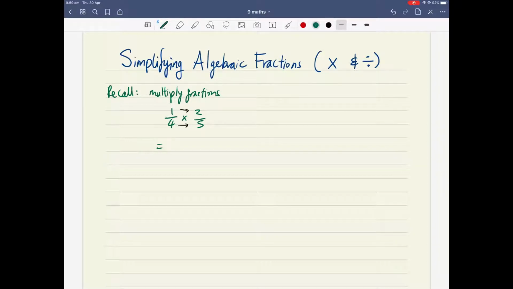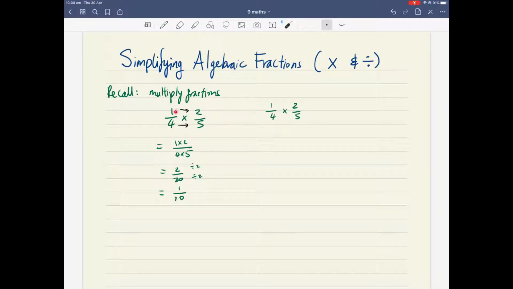What you would do is literally multiply across and then simplify. So I would get 1 times 2 over 4 times 5, which is the same as 2 over 20, and then you can see that top and bottom have a common factor of 2 because they're both even, so I divide top and bottom by 2. So that I get 1 over 10 as my final simplified answer.